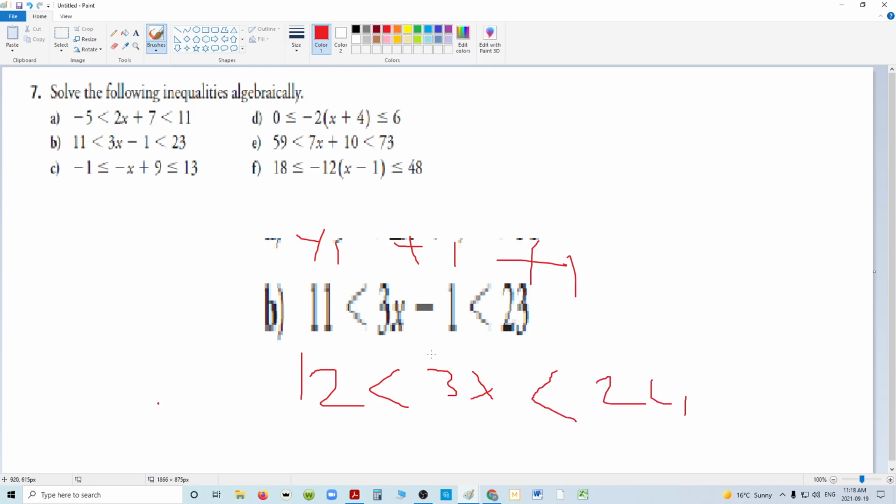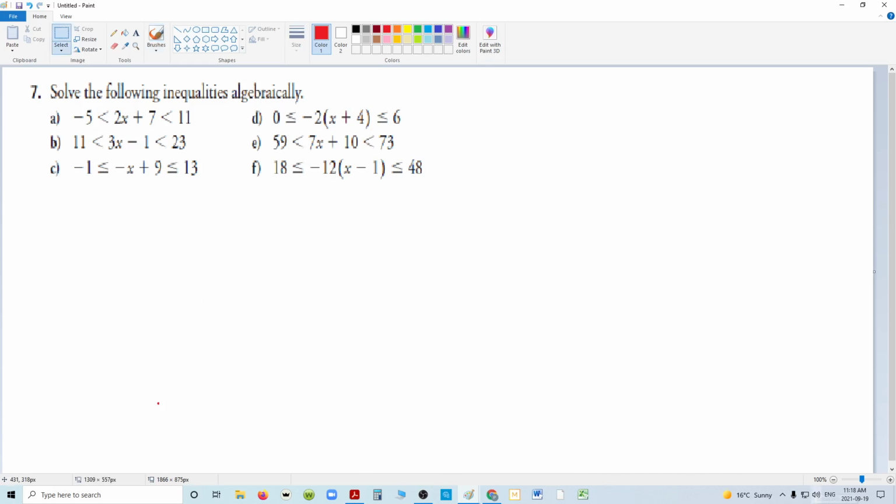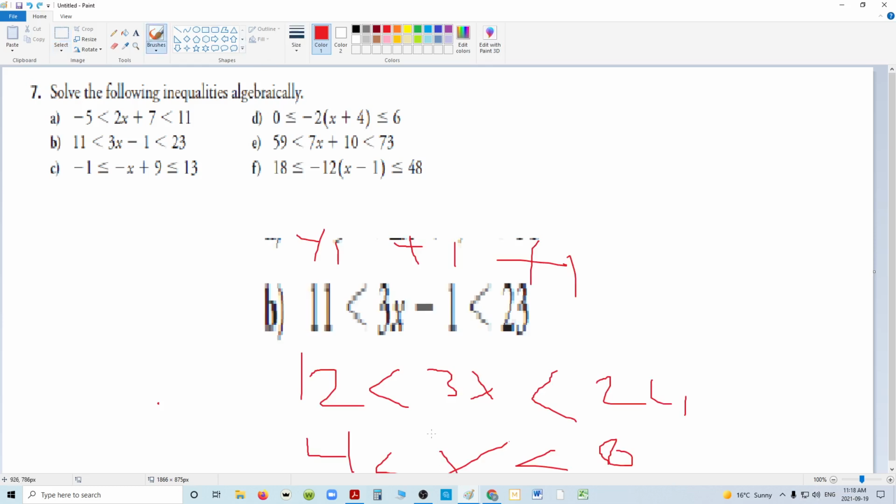And when I divide everything by 3, I get 4 is smaller than x is smaller than 8. So it's much clearer like that. You can't really see that up here. Which means that any number that I choose between 4 and 8 that is not 4 and 8 will make this statement true. That's all that means.